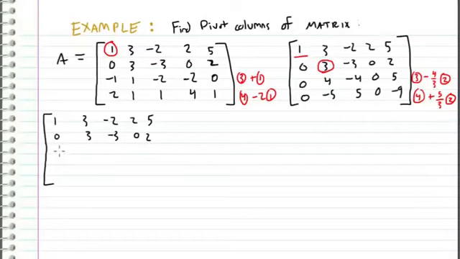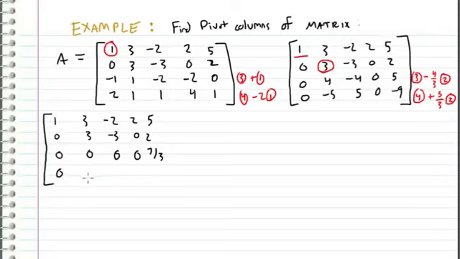So we have a 0 right here, and then we have 4 minus 4/3 times 3, which is a 0. And then we have -4 minus 4/3 times -3, which is also a 0. And then we have 0 minus 0 and 5 minus 8/3, which is 7/3.